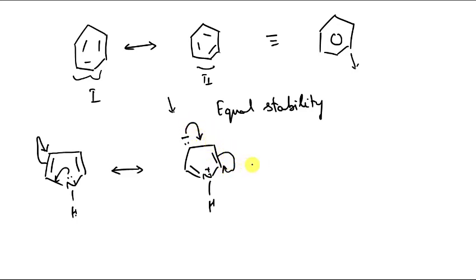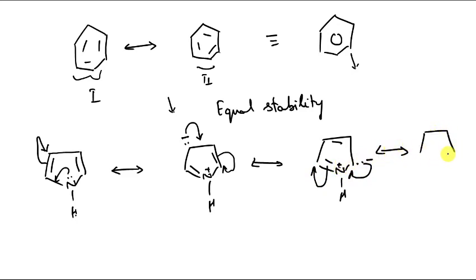The resonance will go on like this. Here comes the negative charge. Now it comes here, here is the positive charge. So this is the next resonating structure, double bond, positive, negative.